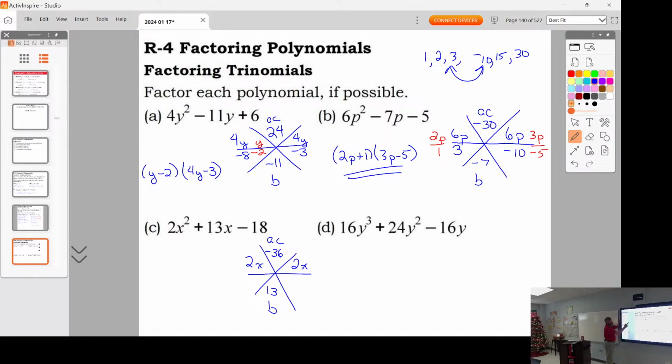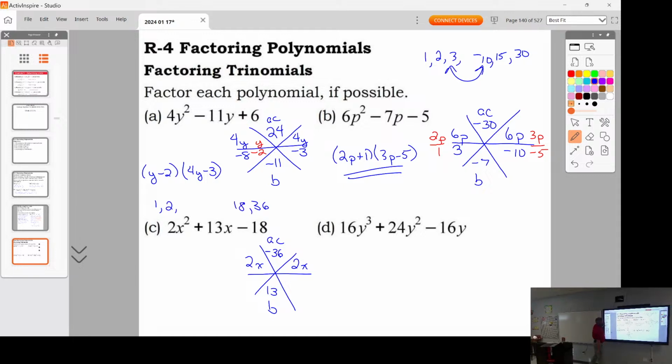And we can do it again like I was up there a while ago. Getting 36, 1 times 36. No 13 out of that. 2 times 18. No 13 there. 3 and 12. 4 and 9.